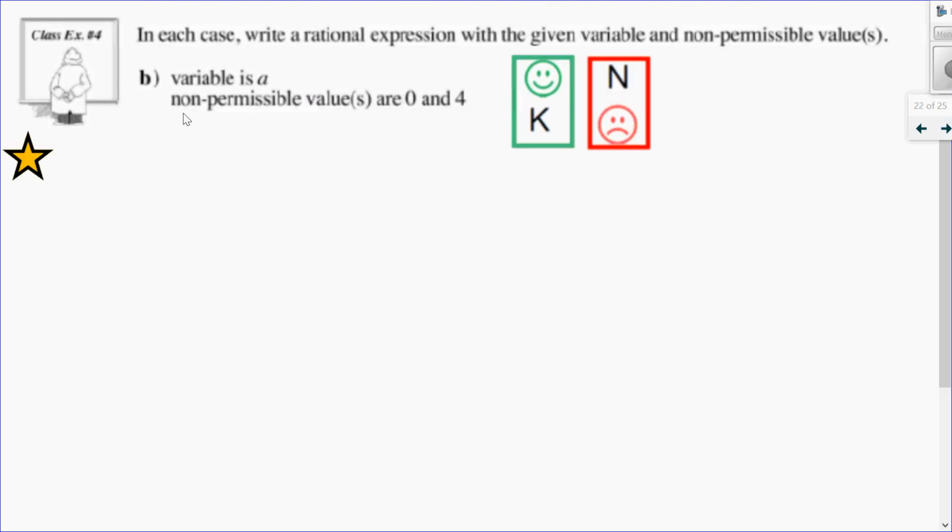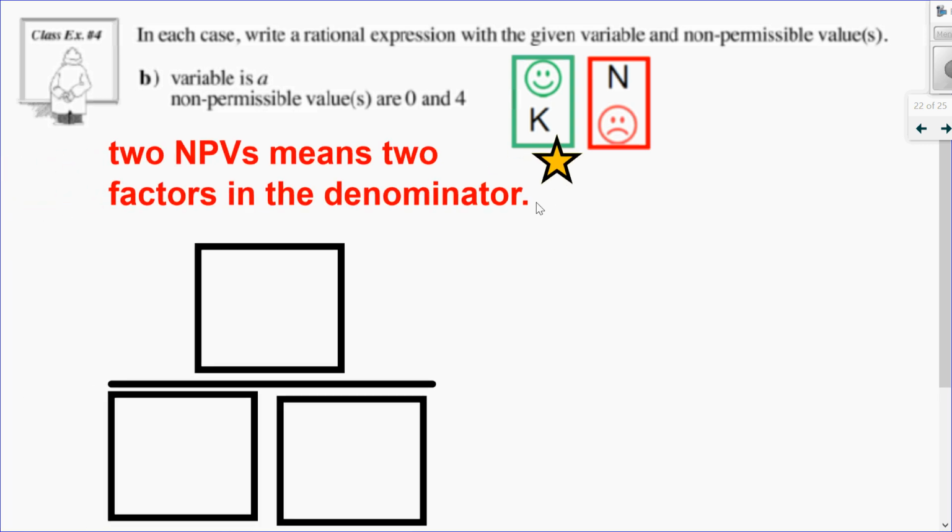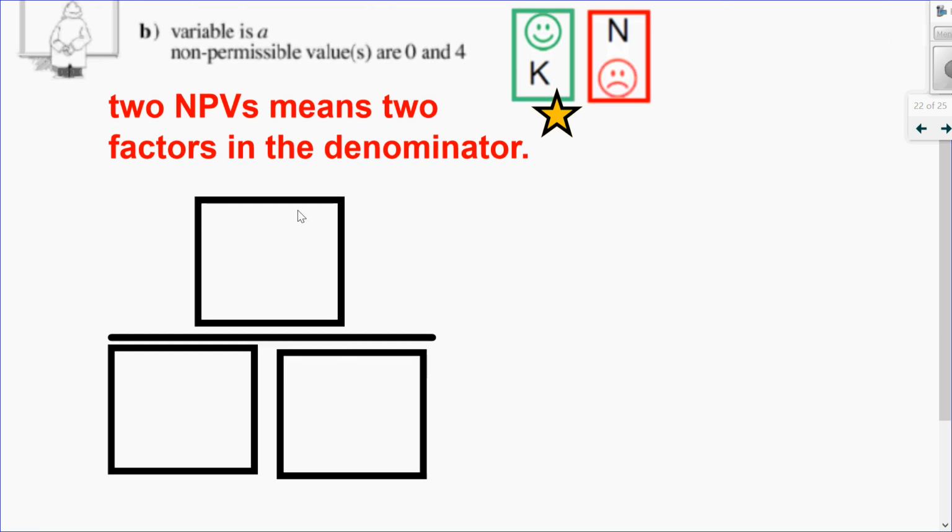Okay, in this one here, I want to do the variable a, and I have 2 non-permissible values. So 2 non-permissible values just means 2 factors. If I have a non-permissible value of 0, that means my factor is just the monomial x. If I have a non-permissible value of 4, that means my factor in the denominator is the opposite, which would be minus 4.